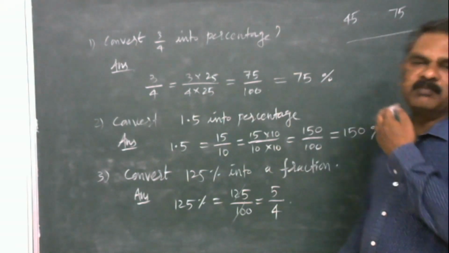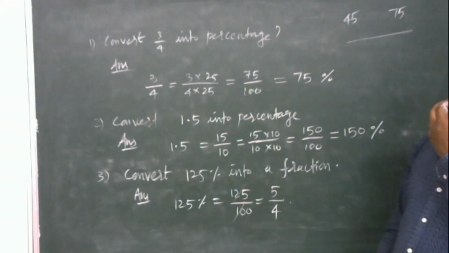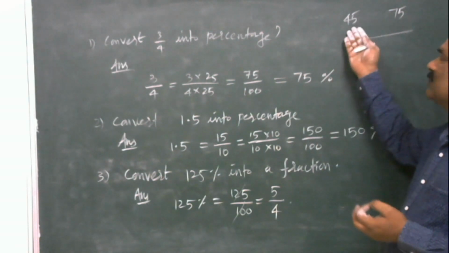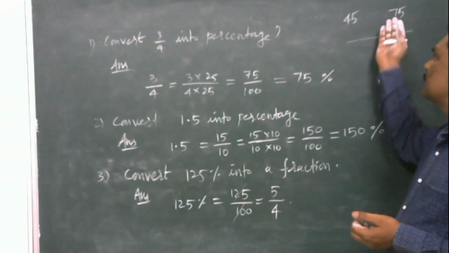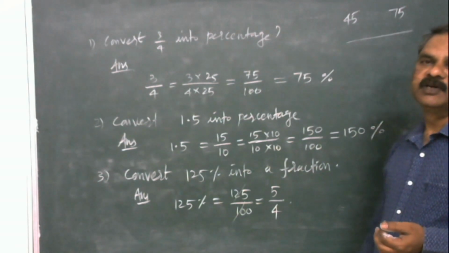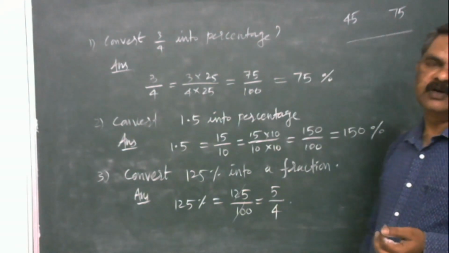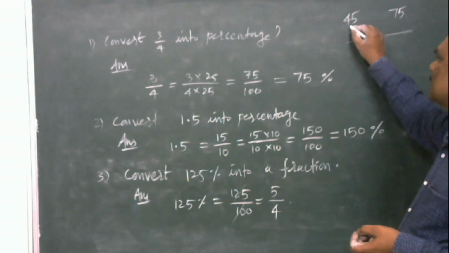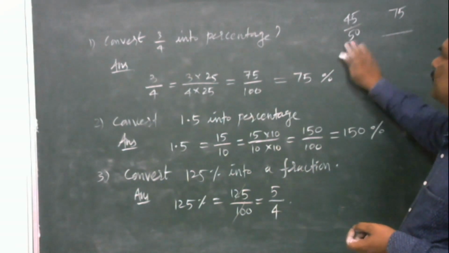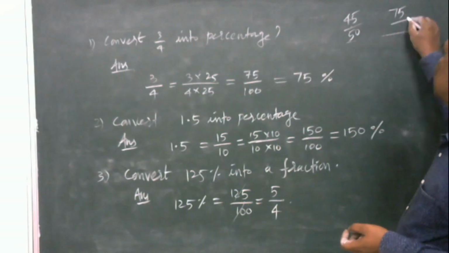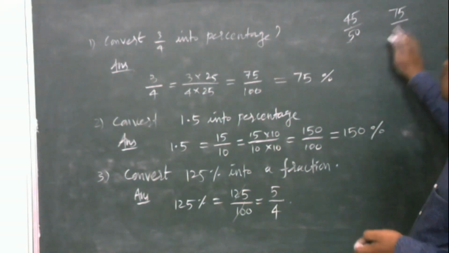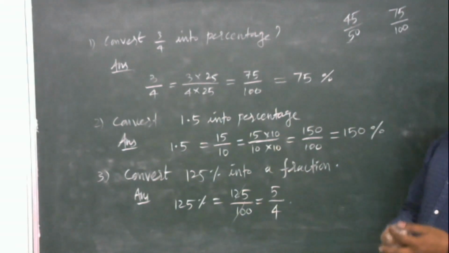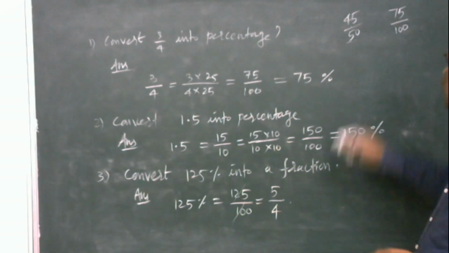So if you want to compare the marks, it's very difficult. Generally we say that this fellow has scored only 45, the other student has scored 75. So the second student scored more marks. But that's not the fact, because this girl has scored 45 out of 50, the other student has scored 75 out of 100. So we cannot compare it directly. So percentage is one way of comparing the marks.